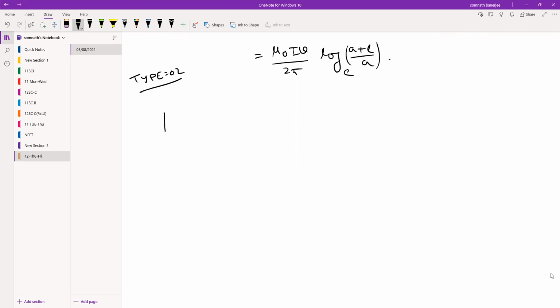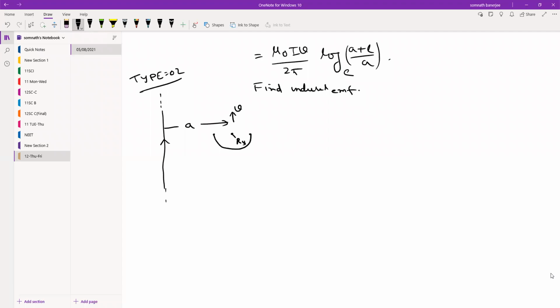In type 2, same type of question, infinitely long current carrying conducting wire, but here it's a semicircular loop. This is the center. Let the distance be A from here, and let the radius be R. Same question, moving with the velocity V. Same question, find the induced EMF.